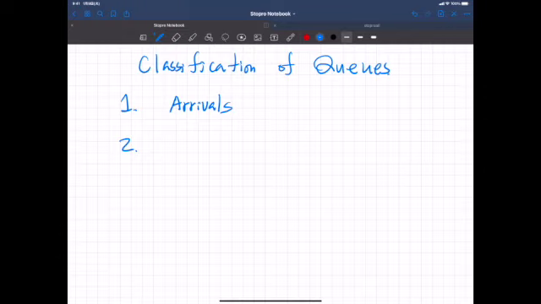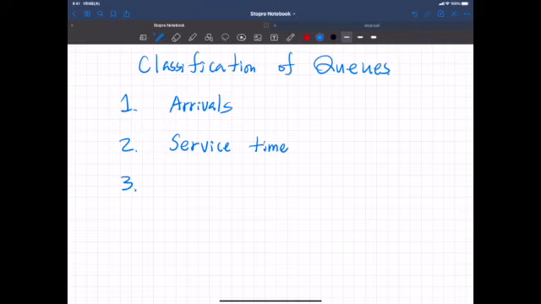In the present chapter, we always assume that it is Poisson distributed. It was a Poisson process. And second, of course, service time. In this chapter, we usually assume this is exponentially distributed, or in the last example, it was constant time. So it's a delta distribution, so to speak.